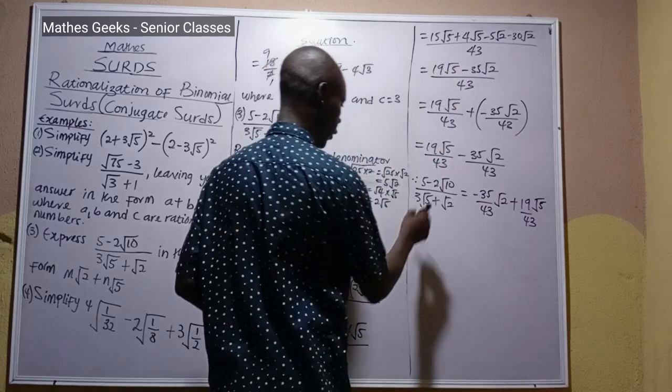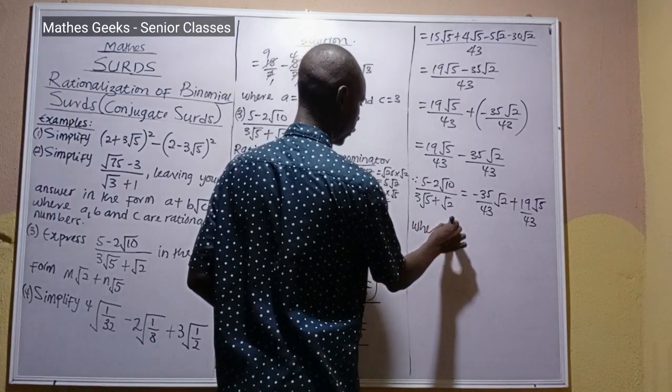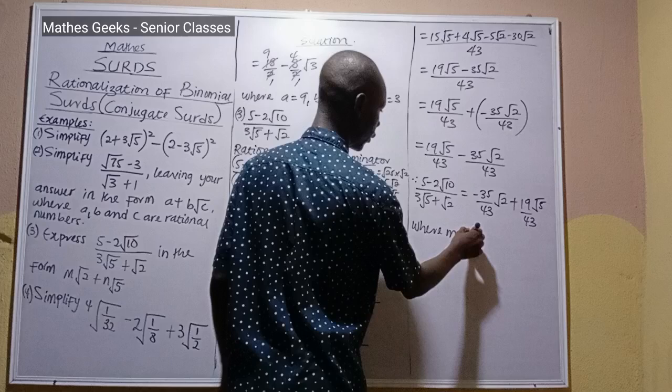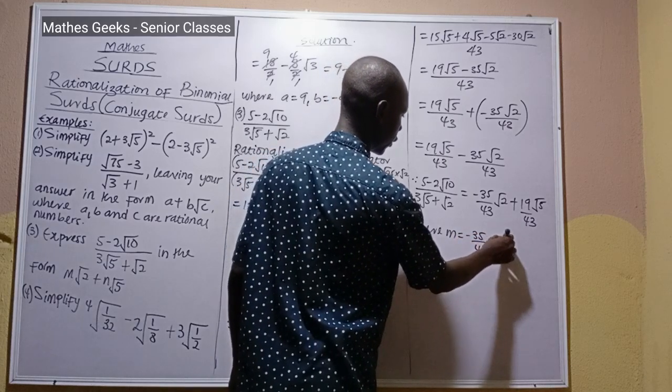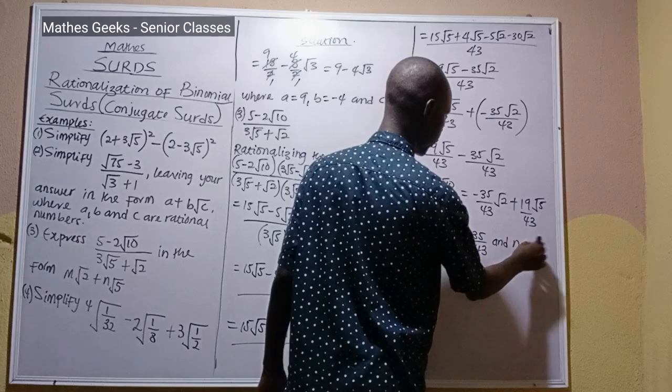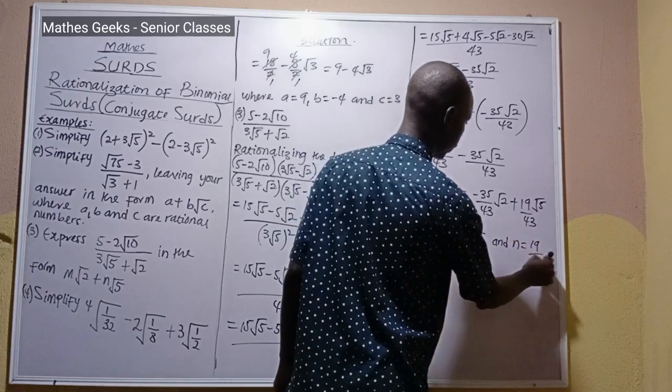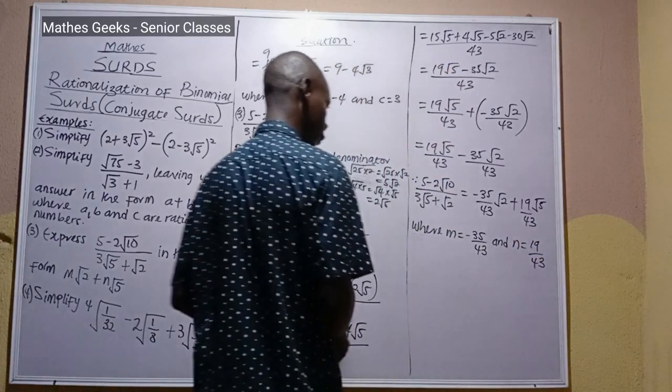So this is our answer, where m is equal to minus 35 over 43 and n is equal to 19 over 43.